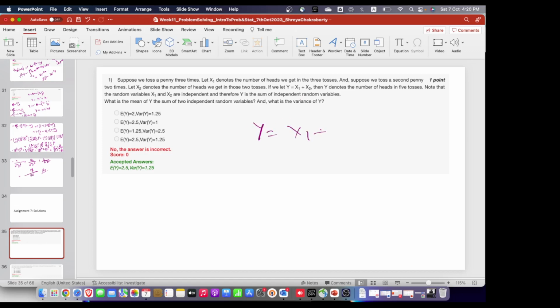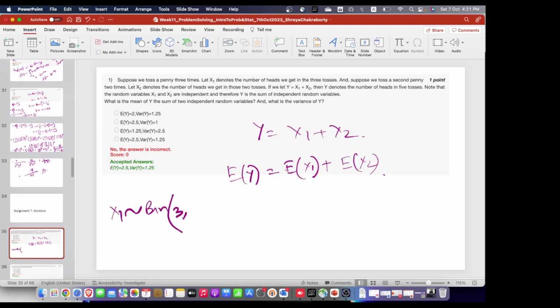So Y equals X1 plus X2. Expectation of Y will be expectation of X1 plus expectation of X2. Now X1 follows binomial 3, number of heads, probability if nothing is mentioned, it's half.